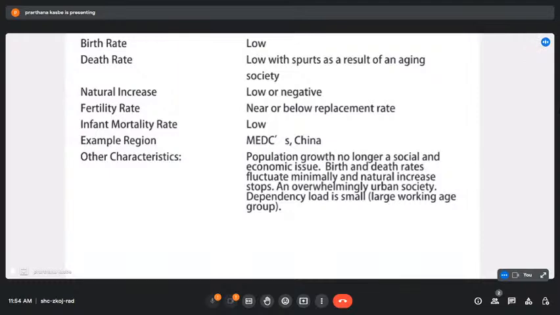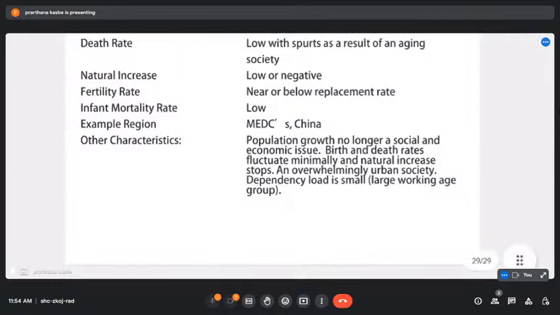Another characteristic of stage 4 is that population growth is no longer a social and economic issue. In this particular stage 4, population is decreasing, meaning a slow rate of population growth. Birth and death rates fluctuate minimally, and natural increase stops.